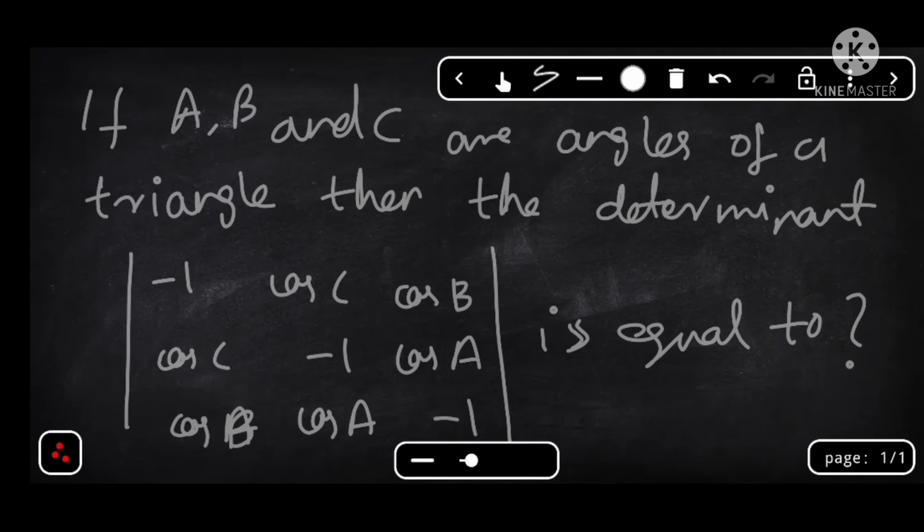If a, b and c are the angles of a triangle, then the determinant, this is our determinant, is equal to what? That is what we need to find out. So let's solve this problem.